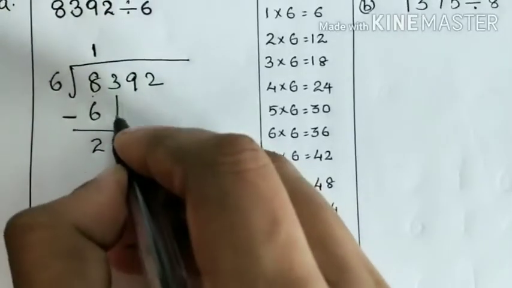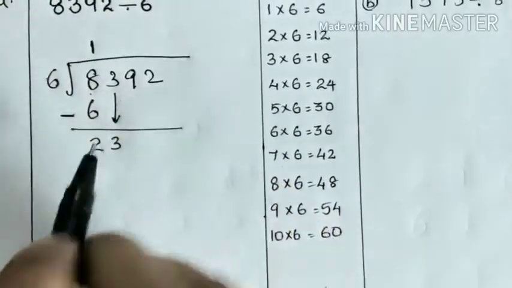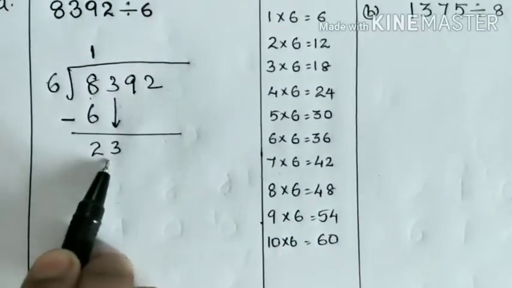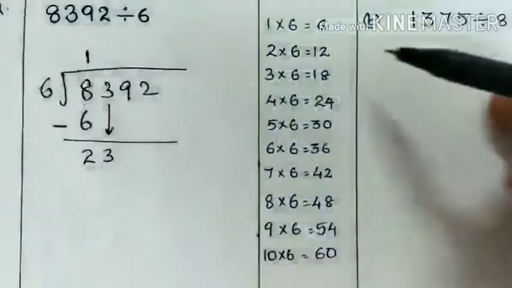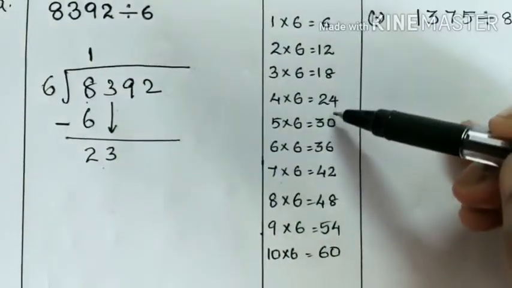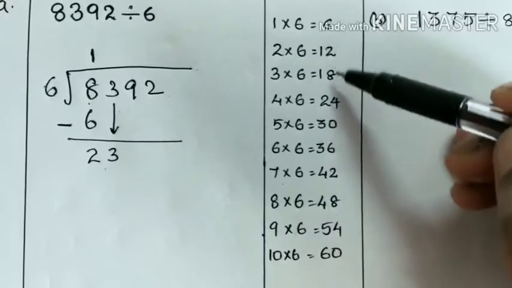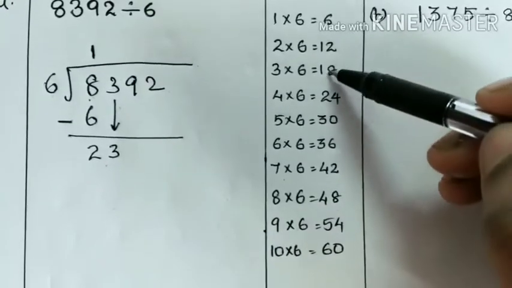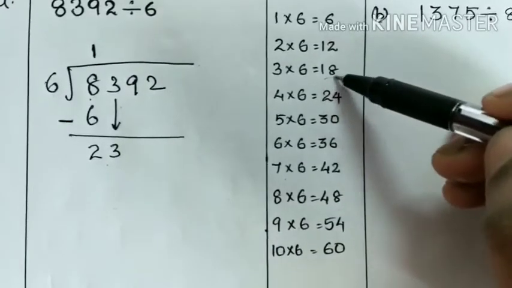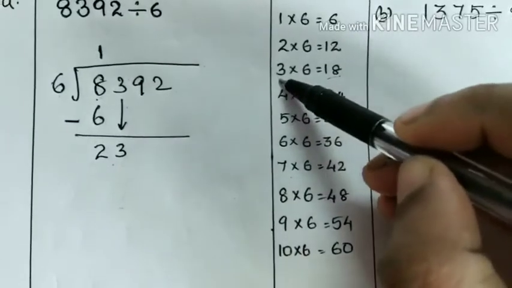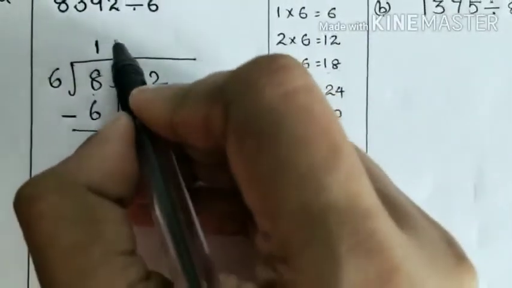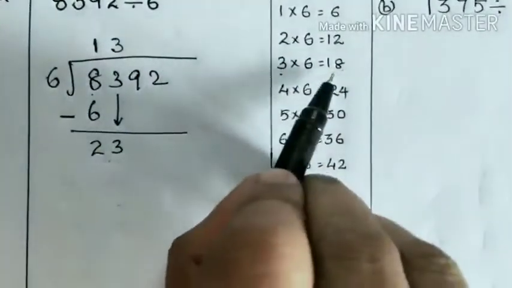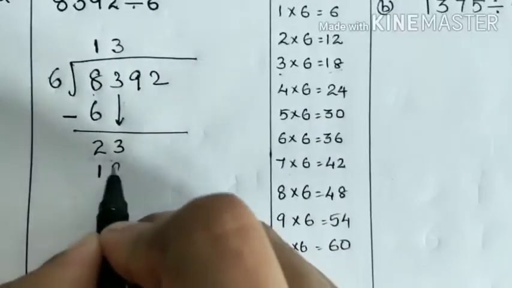Then bring down 3. 23. Now look, 23. Is there 23 in the table of 6? No. 24, 18. Less than 23, which number? 18. 18 how many times? 3 times. 6 3s are 18.